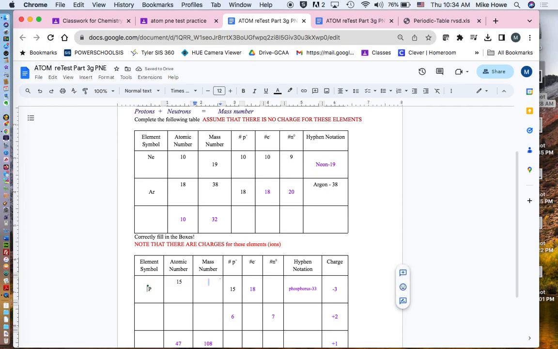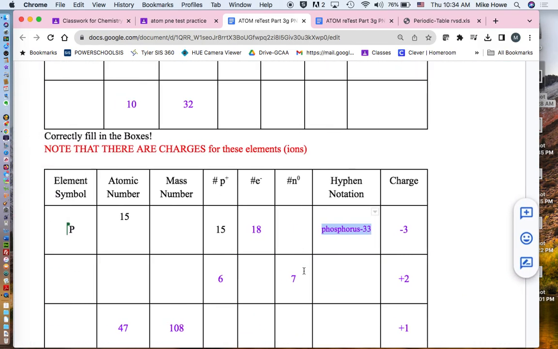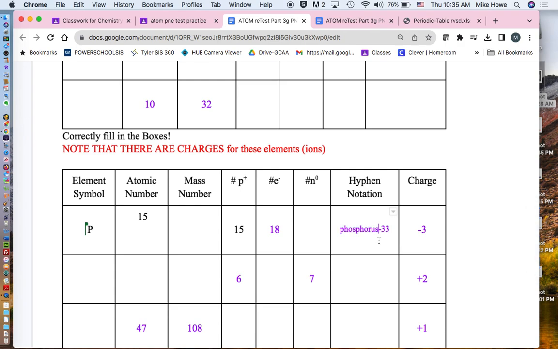All right, now the mass number is the protons and the neutrons, and we don't know either one, so we have to look for another place to find the mass number, and we can look right here and find it. Remember, in that kind of notation, whatever the hyphen number is, this number here is the mass number. So that's 33. The protons and the neutrons together equal 33.